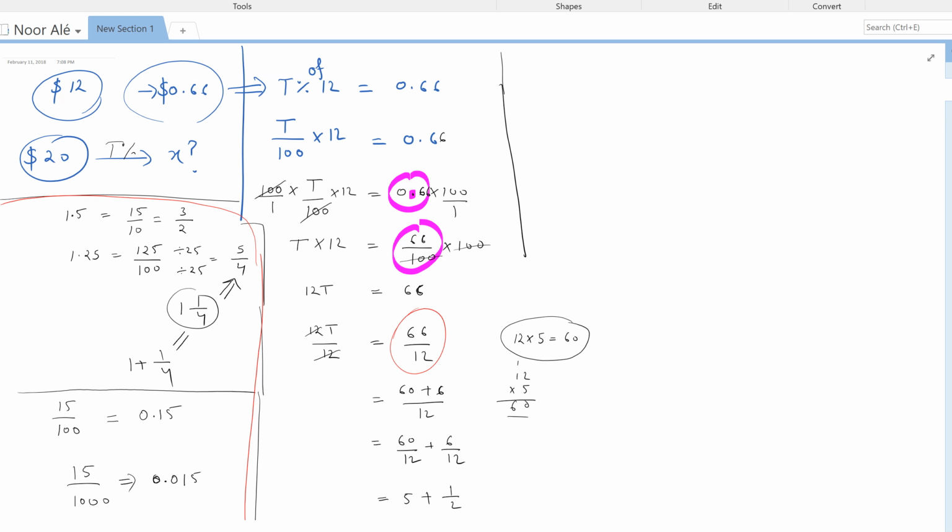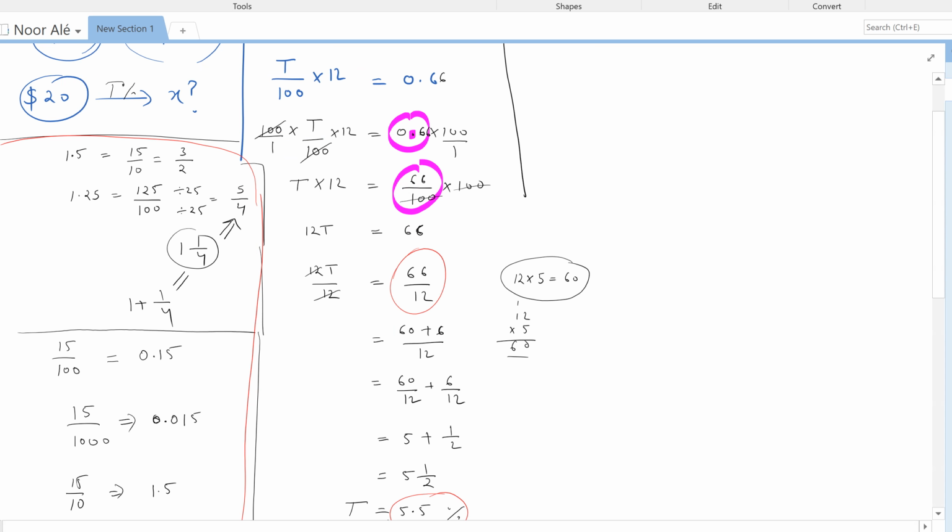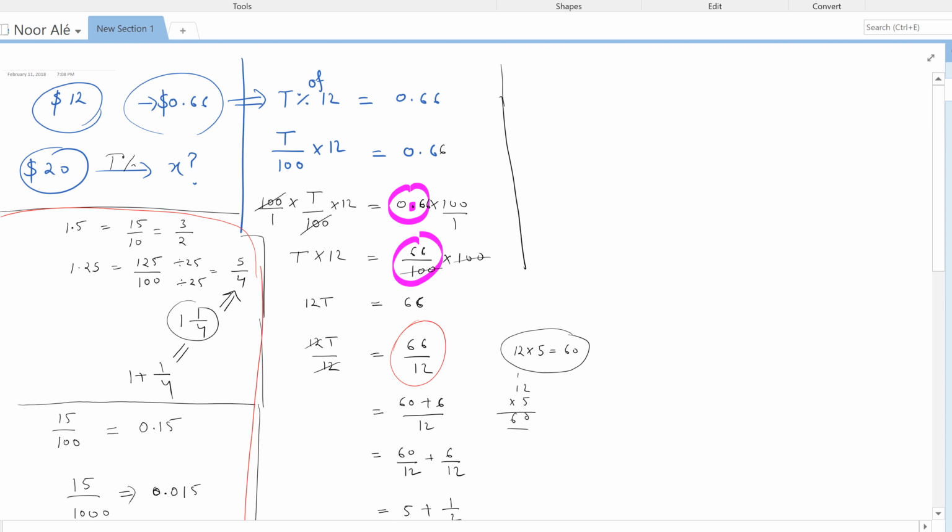So now 12t. So t equals 78 divided by 12. All right. And now I can look into reducing, right? Follow all those steps that we did there.